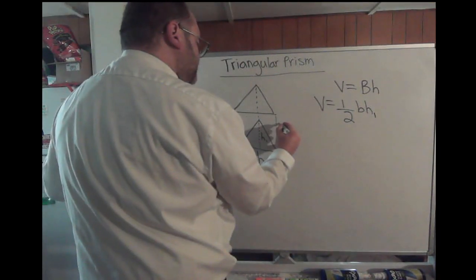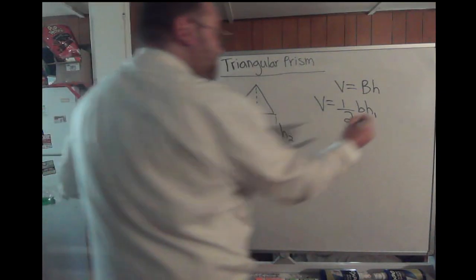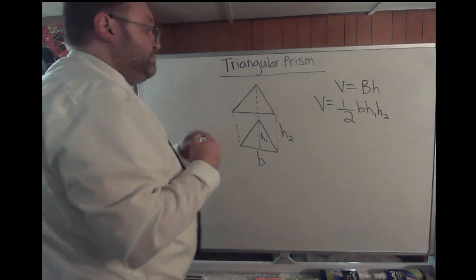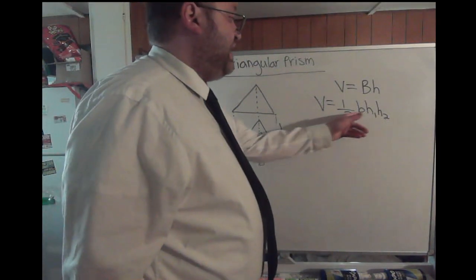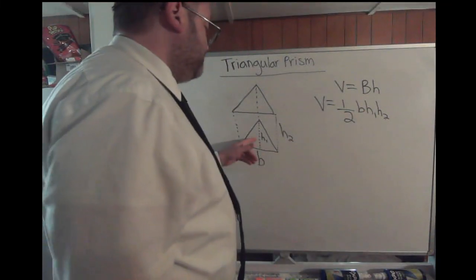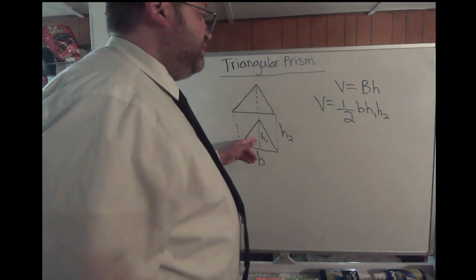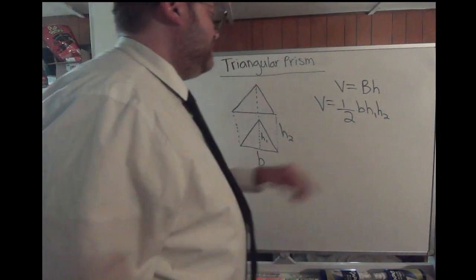Then you're going to have a second height, which will be the height of the prism. So overall, the volume formula for a triangular prism is half the base times the first height, which is simply the height of the triangle itself, times the second height, which is the height of the prism.